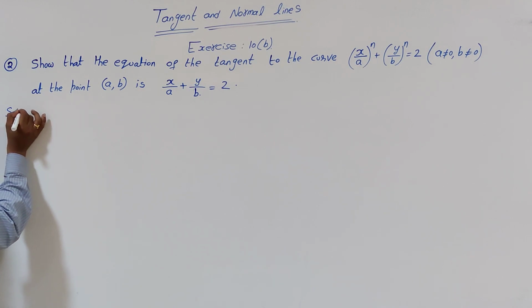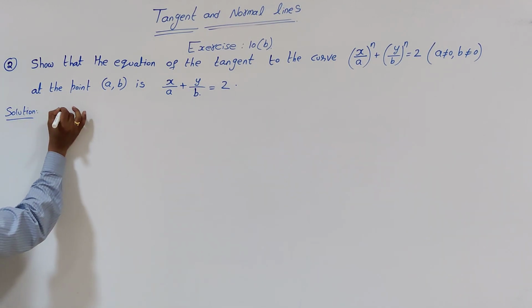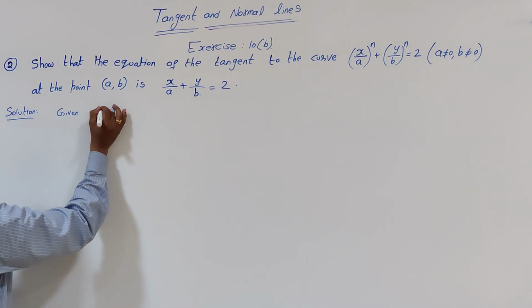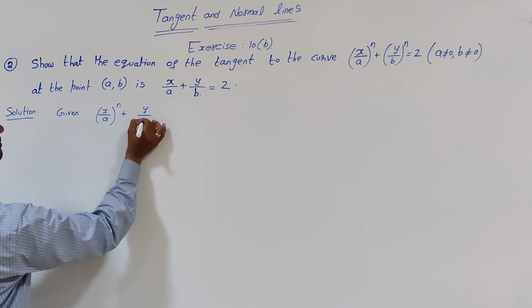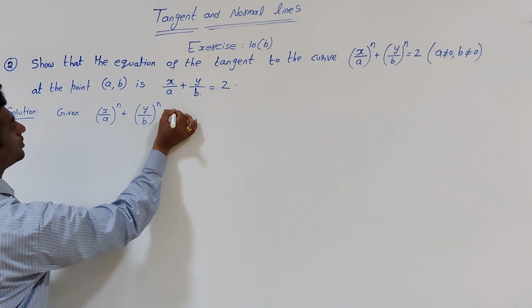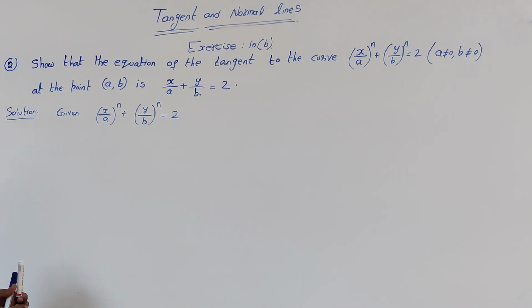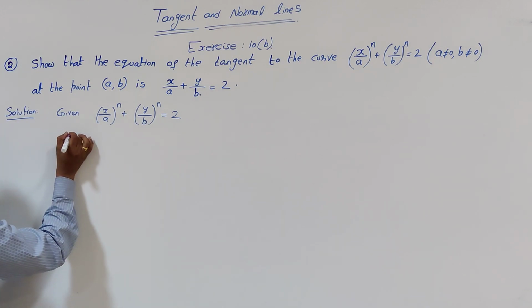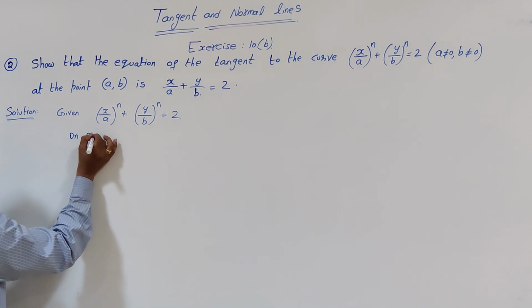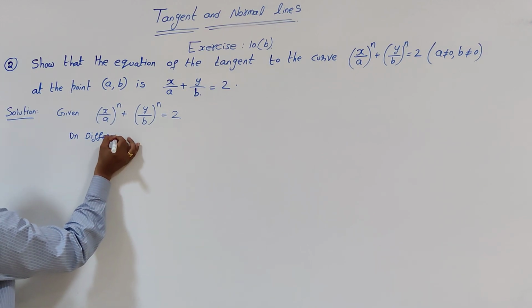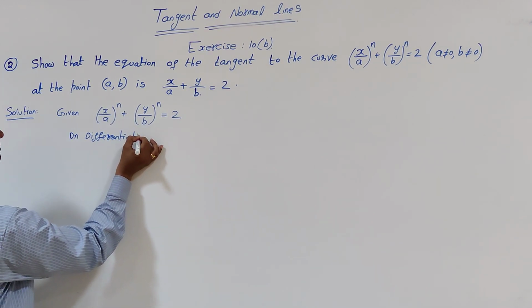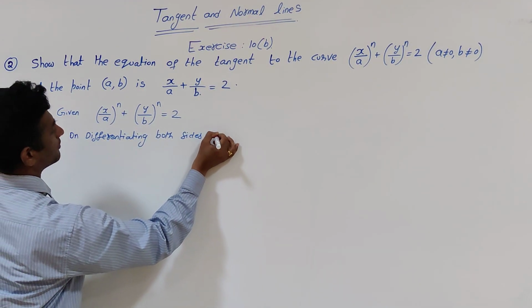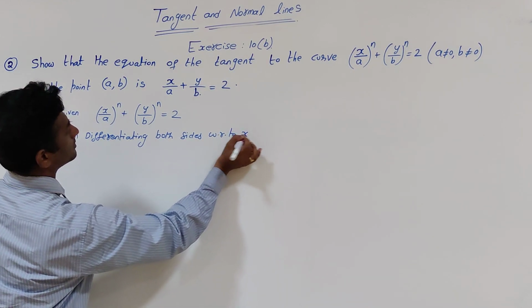Solution. Given (x/a)^n + (y/b)^n = 2. Now differentiate. In order to find the slope, we have to differentiate on both sides with respect to x.